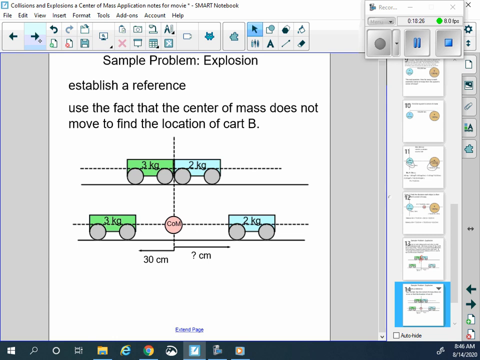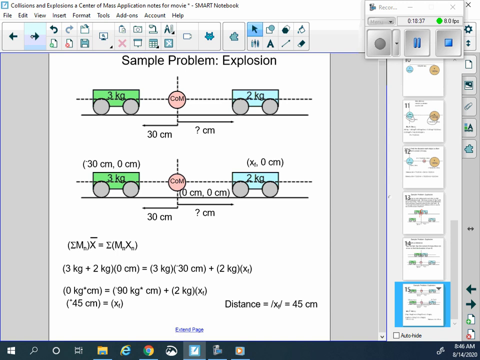I can now, knowing the center of mass and the location of the 3 kilogram cart, find the location of the 2 kilogram cart. So I'm going to use my equation, and my total mass is 5 kilograms, 3 plus 2. That times my location on an xy axis of 0 is going to give me 0.